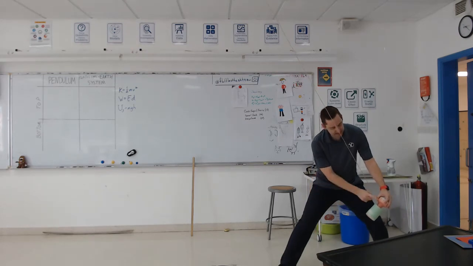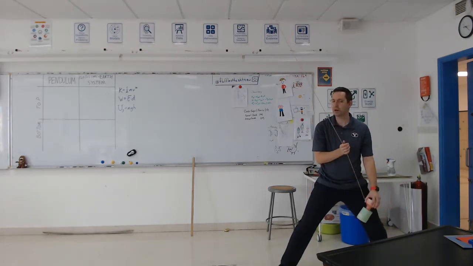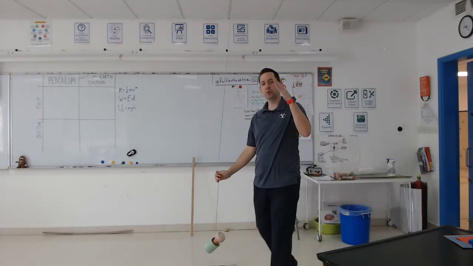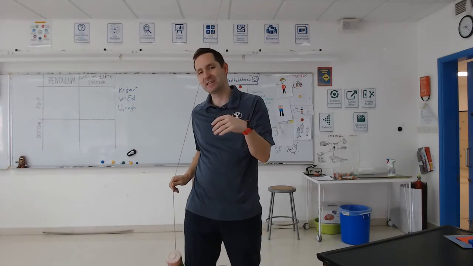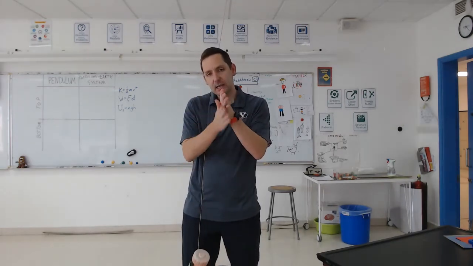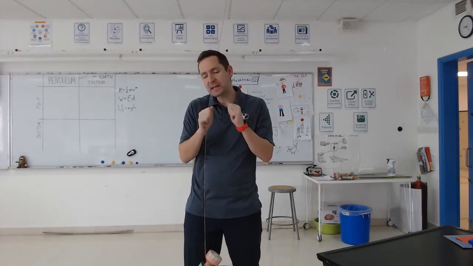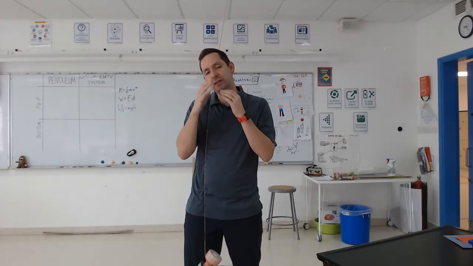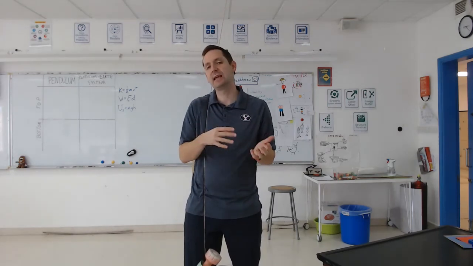You may notice that the string is perpendicular to that. When two lines are perpendicular, then no component is parallel. There's no piece of that that's parallel. And because it's perpendicular, that means that the tension won't do work. It won't cause your object to gain or lose energy.